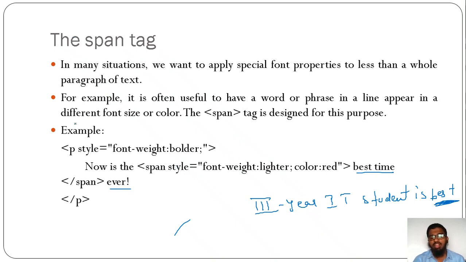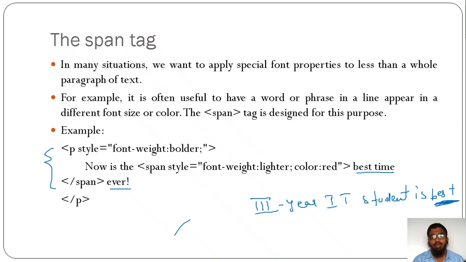If you did not understand this span tag, no problem. When we do the practical, you can easily understand it. This is very simple, small code. Wherever you are writing, before that you need to open the tag and close the tag. In the opening tag, you give some attributes, like style font-weight lighter and color red.